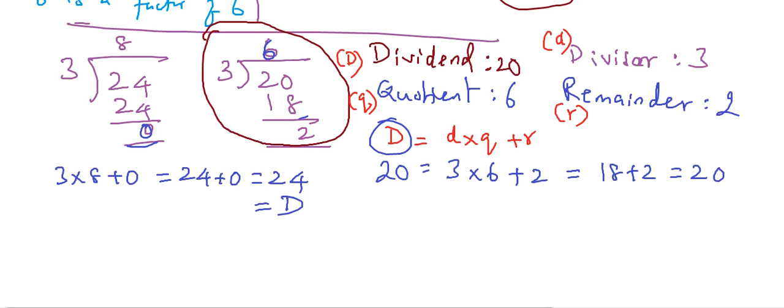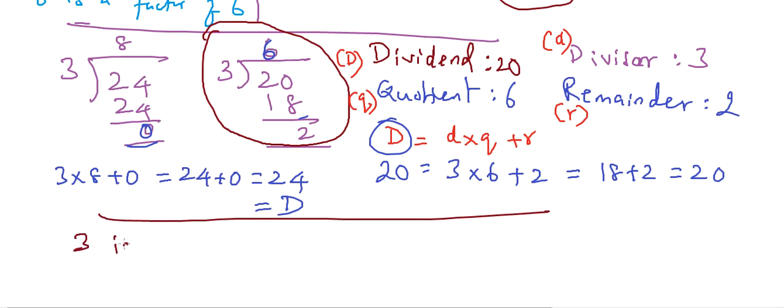Now let's use the term multiple. We saw 3 is a factor of 24. Another way of saying this is 24 is a multiple of 3.